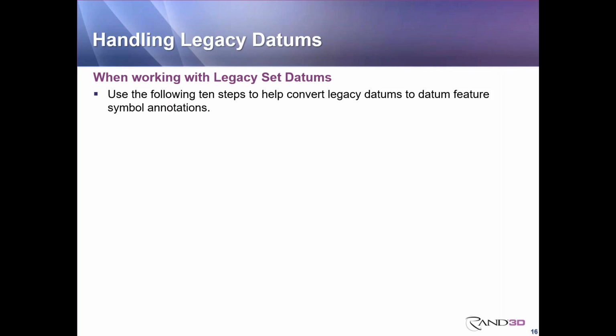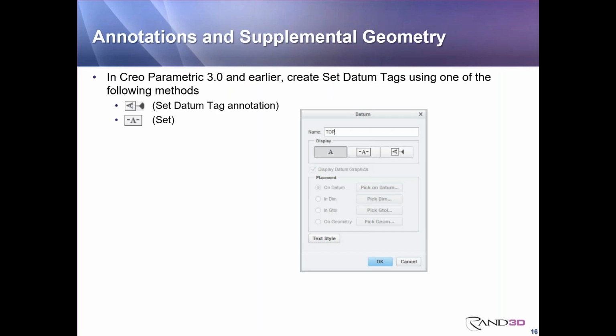But when you're working with legacy set datums, you can use the following steps that I'm going to outline to help convert legacy datums to datum feature symbol annotations. First off, open your file, and then if it was created prior to Creo Parametric 4, like in Creo Parametric 3 or earlier, you can create your set datum tags with one of the two methods here.